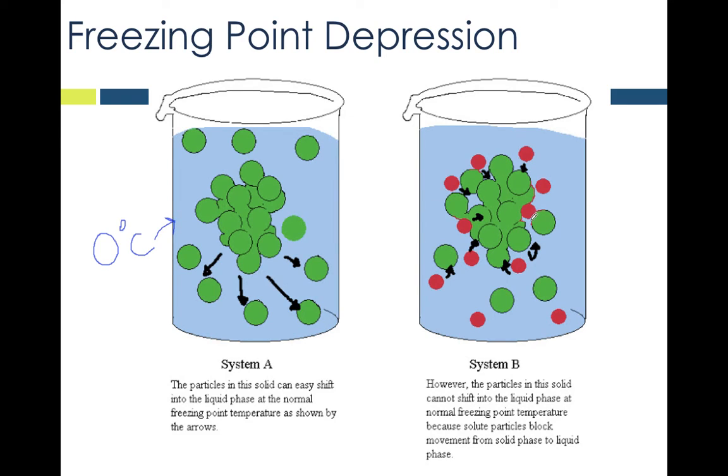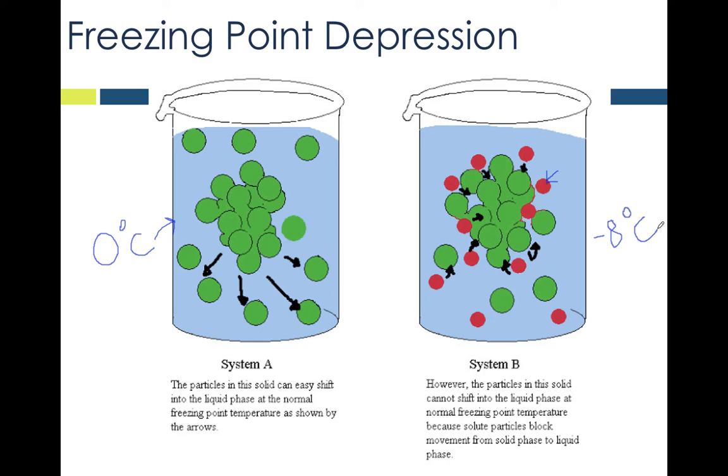Now the beaker on the right, because it has all these new solute particles that are blocking water from becoming ice, is going to have a lower freezing point. So the freezing point of this might be, say for example, -8 degrees Celsius. It means that the freezing point has gone down by 8 degrees.